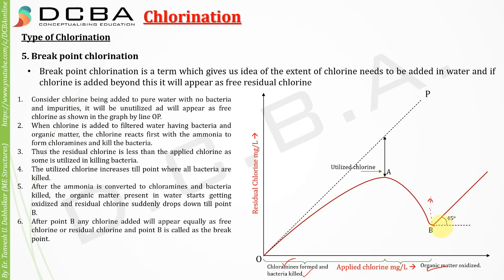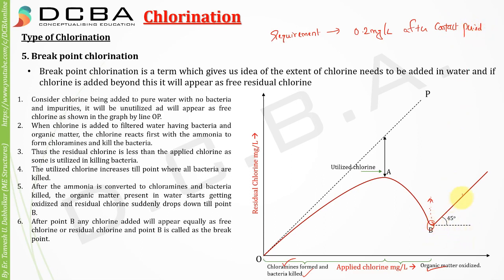So this point is important because after this point you will understand till what point you have to chlorinate so that the residual chlorine left is 0.2 milligram per liter. Because what is our requirement? Our requirement is 0.2 milligrams per liter after some contact period, right? After the contact period of 10 to 20 minutes.